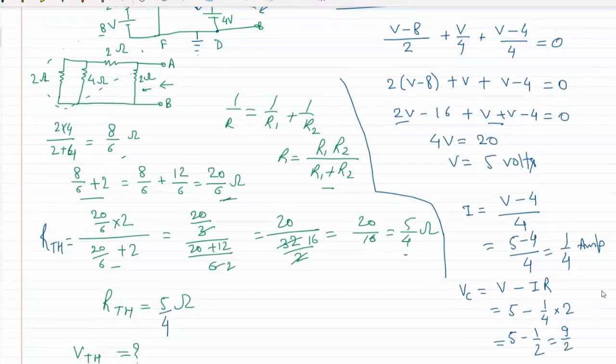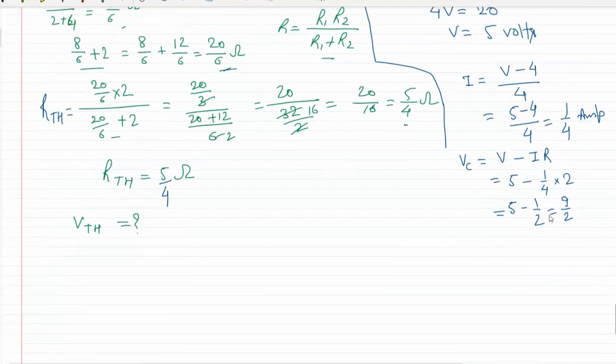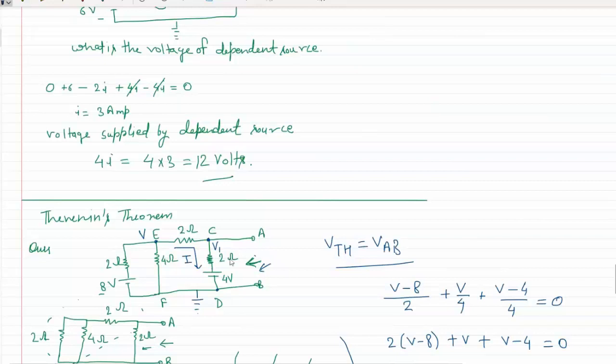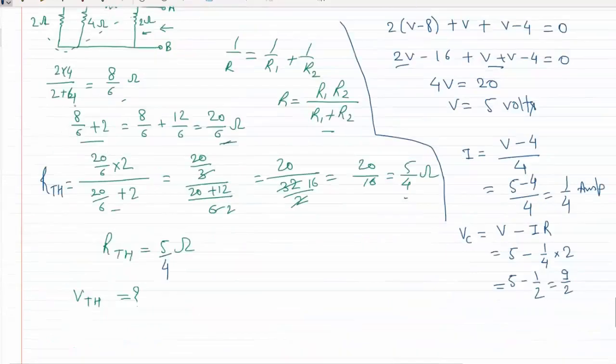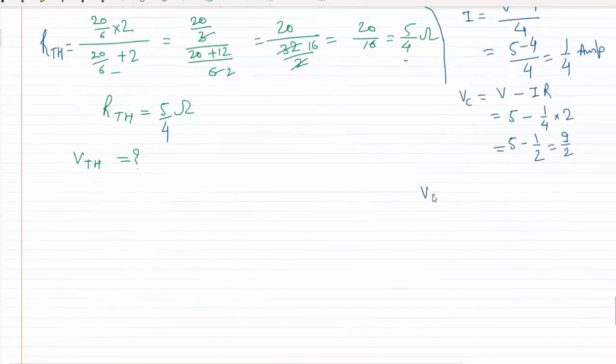Now, VC, the voltage at this point, is equal to VA. And the voltage at VD is 0 obviously, because we have taken it as ground. Since VC is equal to VA is equal to 9 by 2, that is 4.5.